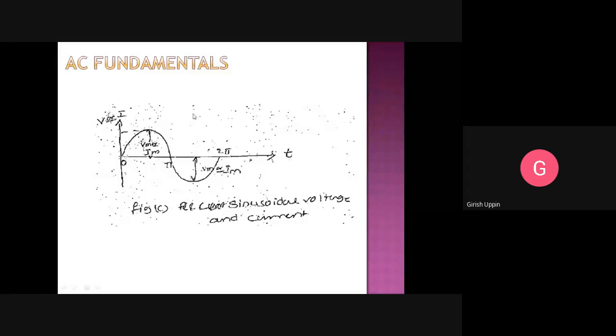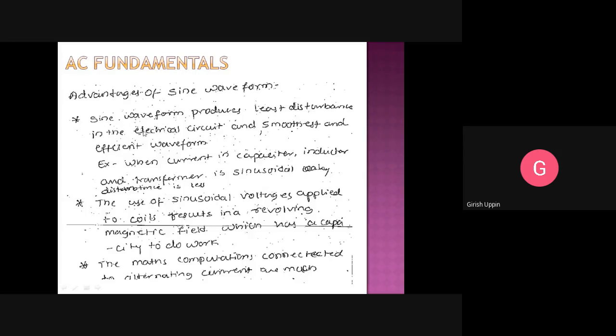Unlike, for example, a square waveform, in which at zeroth time the current or the voltage will change from 0 to the peak value suddenly, and at pi, at half cycle, it will change from the plus peak value to the minus peak value. So the change is very drastic. If you see the sinusoidal waveform, the changes are very smooth. So that is one of the advantages that makes the circuits very efficient.